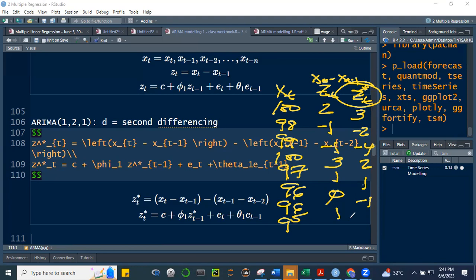Okay? This series now, which would be equal to Arima 1, 2, 1 will be the constant plus phi1 nito, no? Nitong series na to. Plus epsilon sub t plus theta 1 ng series na to. So it's now a totally different series now, no? Kasi nagdalawang differencing na tayo.